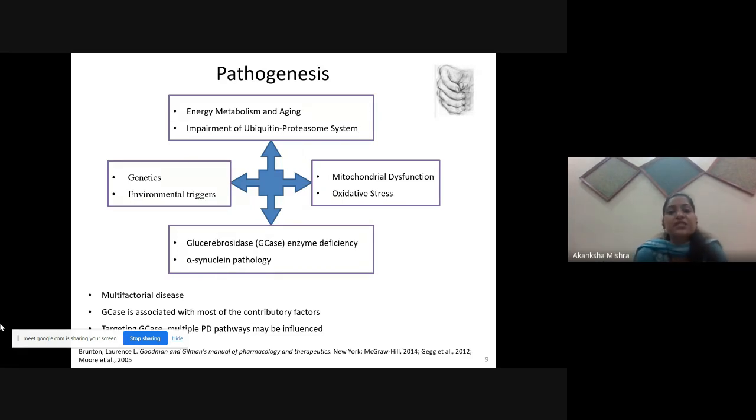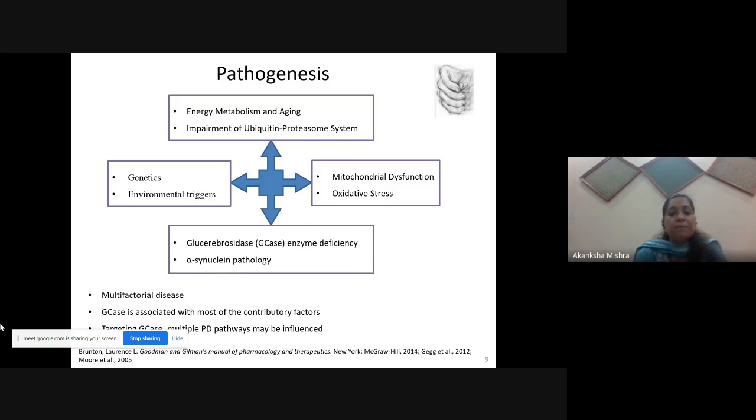But there are various factors which are involved in it. First of all, energy metabolism and aging. As the age goes on, the energy metabolism decreases in any normal subjects. So that acts as a factor for PD to happen.